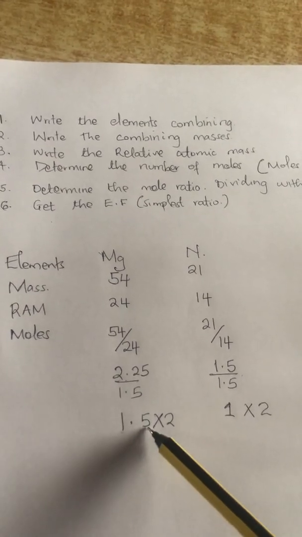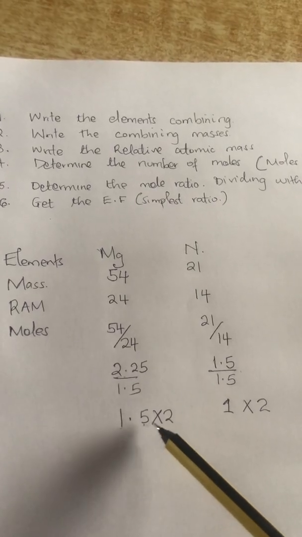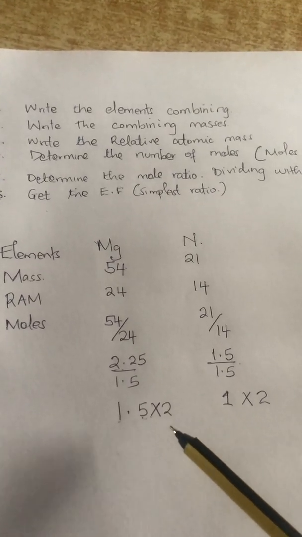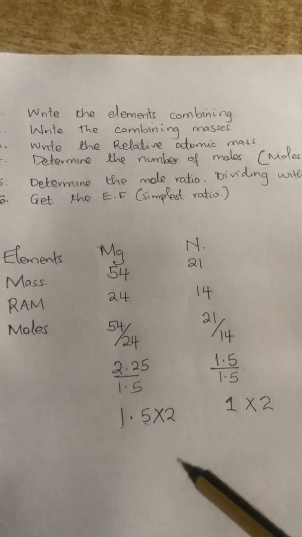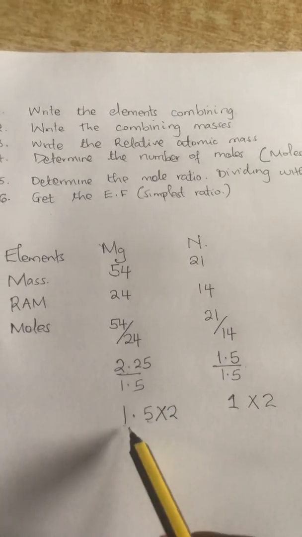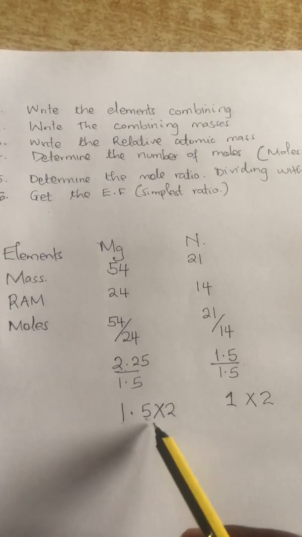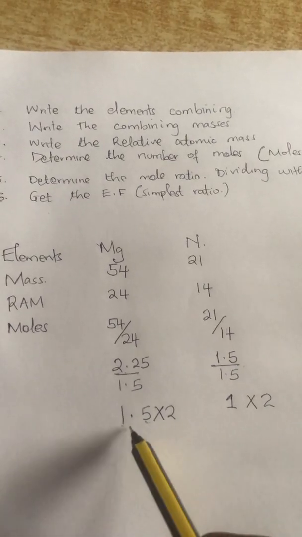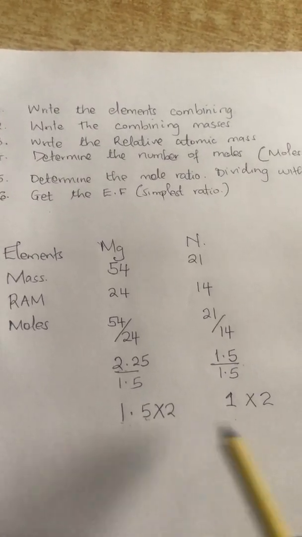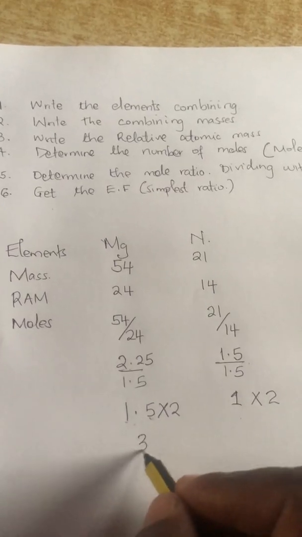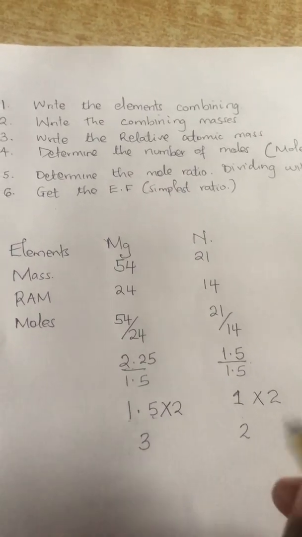If it is greater than 5, that is 1.6, 1.7, 1.8, 1.9, then you round off to the next number. So if it is 0.5, 2.5, 3.5, or whatever, you multiply both your ratios by 2. So here we are going to get 3, and here we are going to get 2.